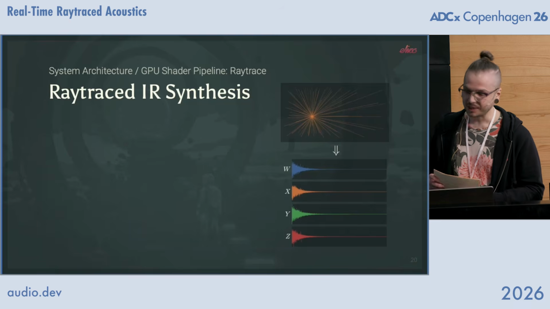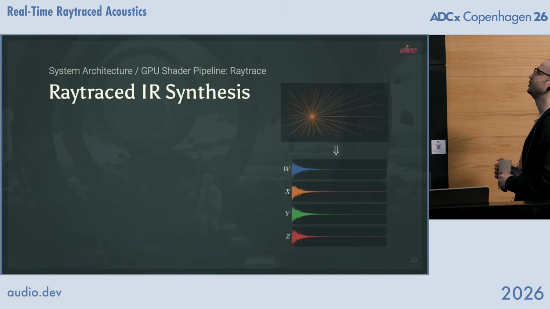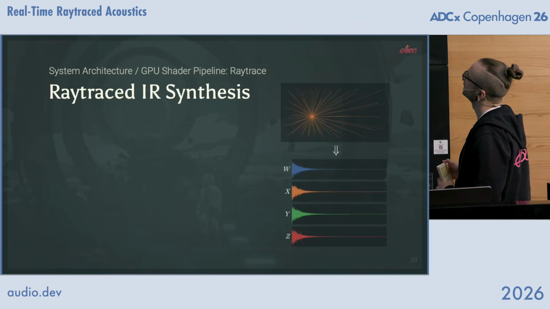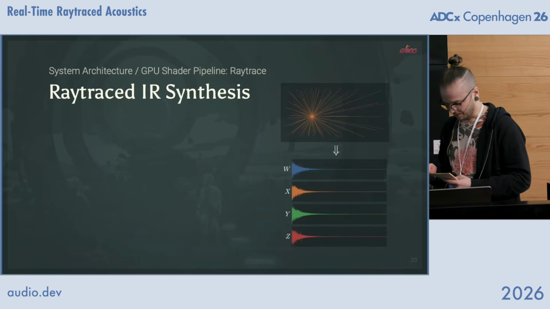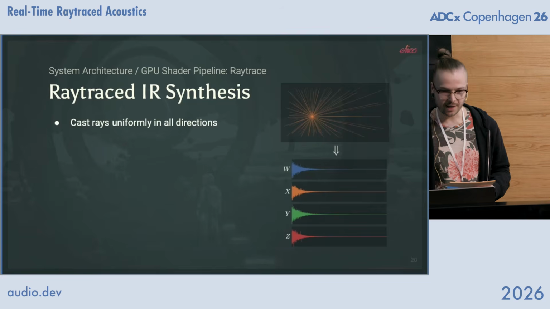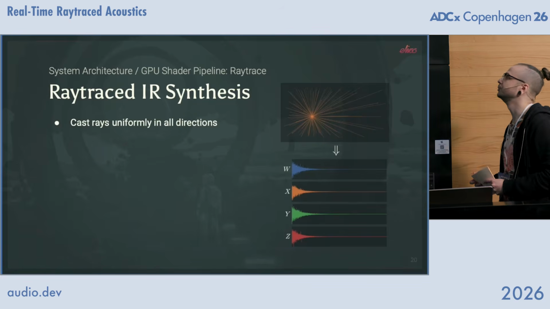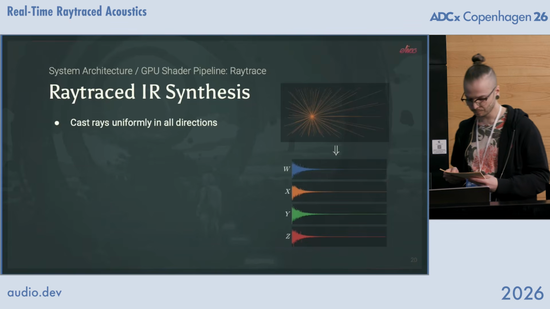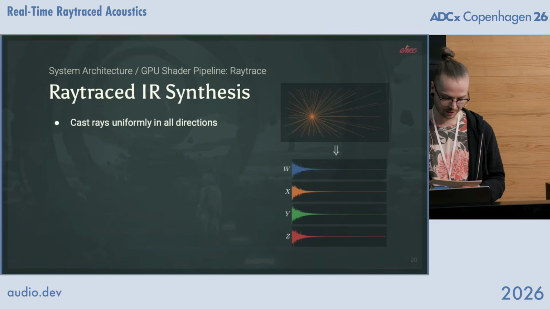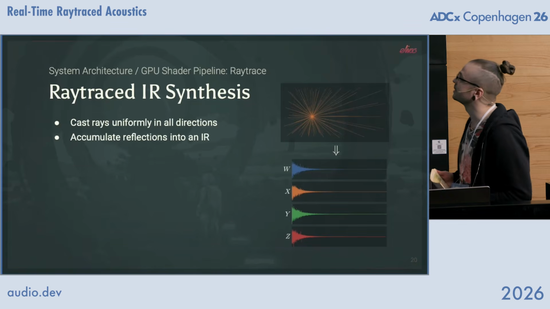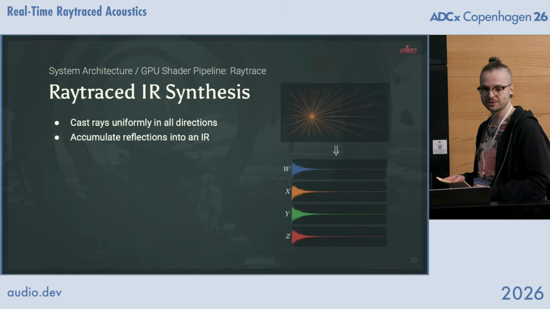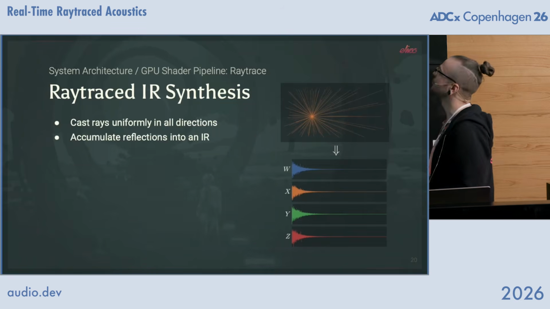So in the ray tracing pass, we use a geometric model of sound wave propagation. And we start by casting a bunch of rays uniformly in all directions from the listener, and we let them bounce around in the environment. As those rays hit surfaces, we accumulate their reflections into what will become the full impulse response.